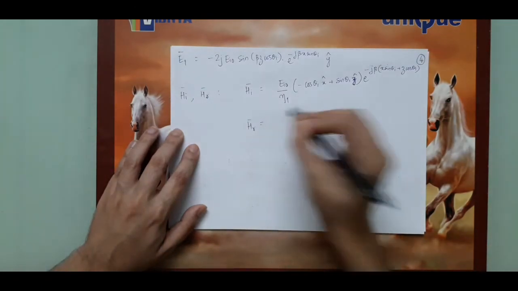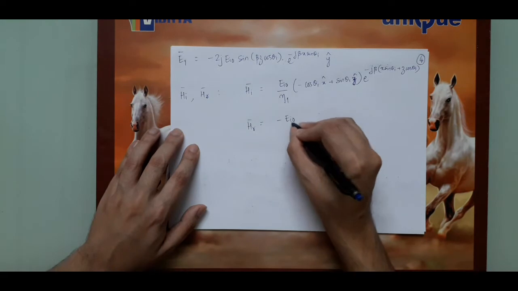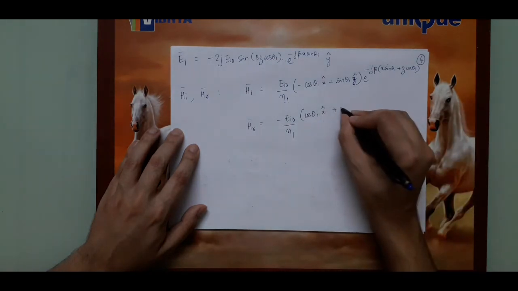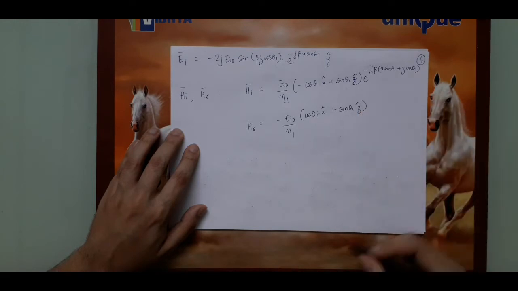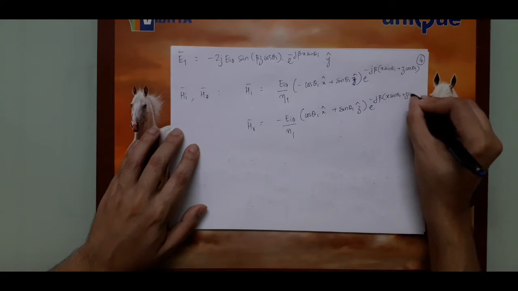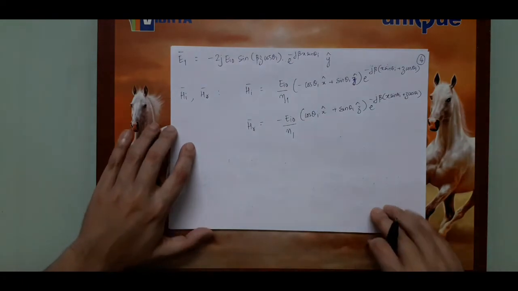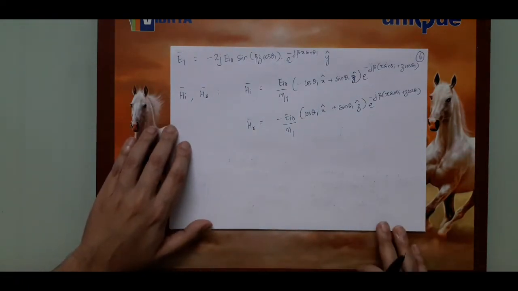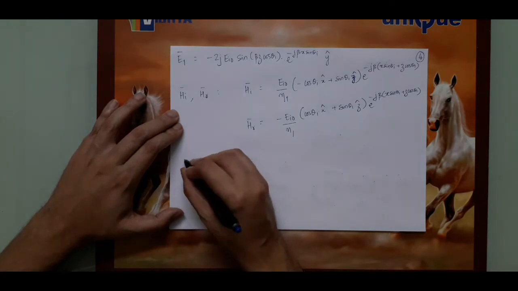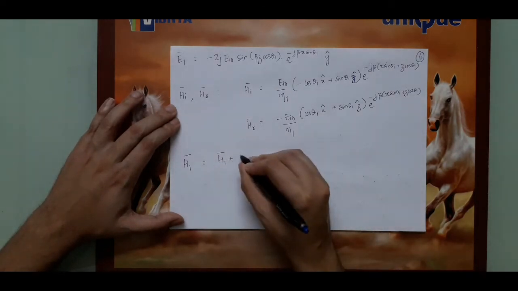And HR will now be, since EI0 is equal to minus ER0, minus EI0 by eta 1 times cos theta I x vector plus sin theta I z vector, times e raised to minus j beta x sin theta I plus z cos theta I. Just like how we found the total electric field in medium 1 by superimposing incident and reflected waves, we can find the total magnetic field in medium 1 also, and that is nothing but the vector sum of HI and HR.